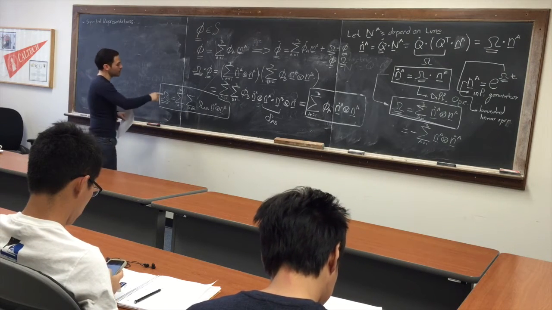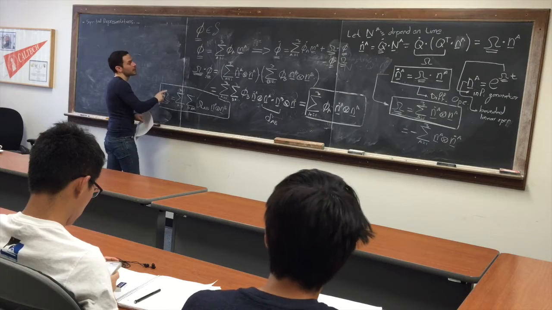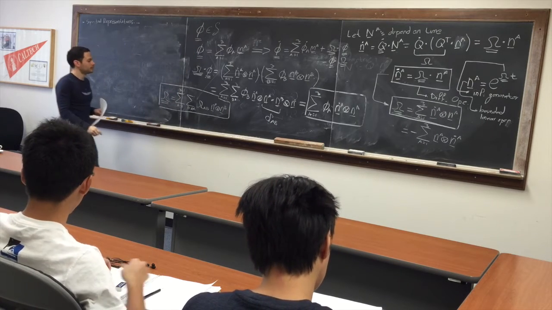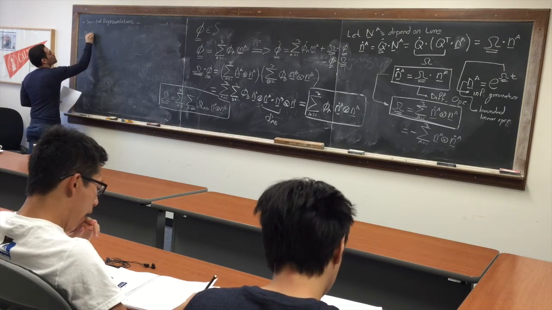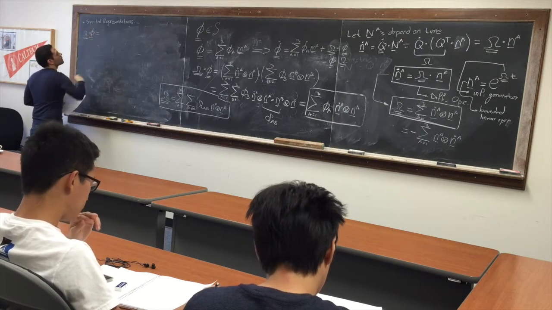Now let's do the same exercise as before. Let's hit with this other one. So omega times phi is equal to this.